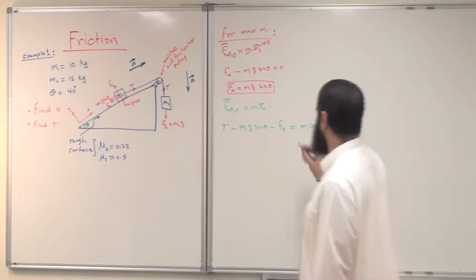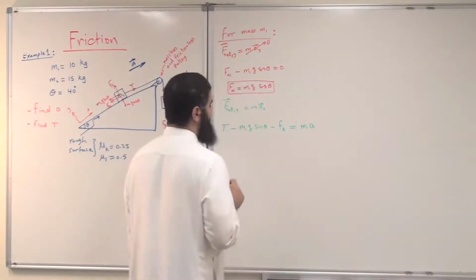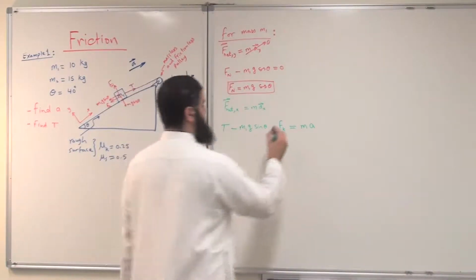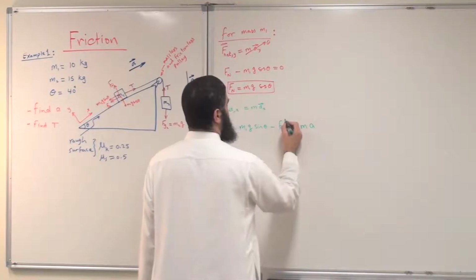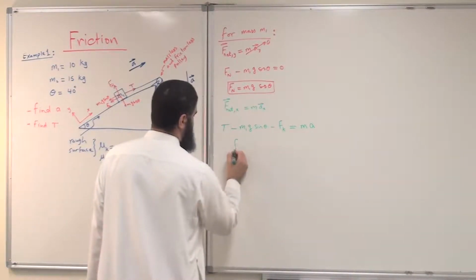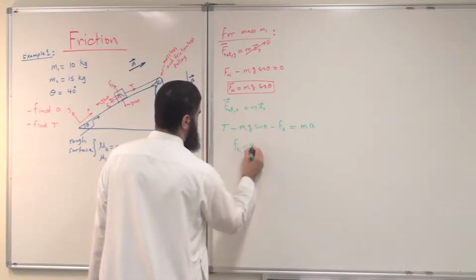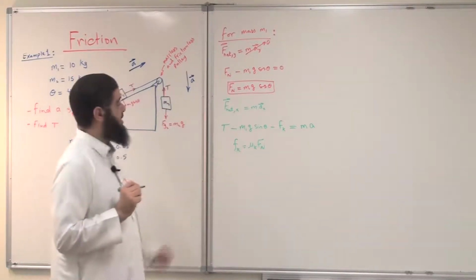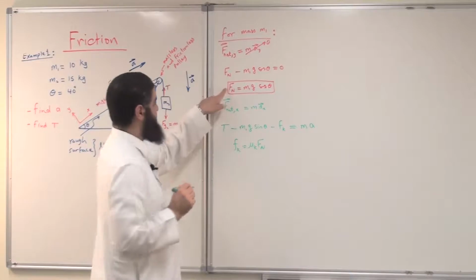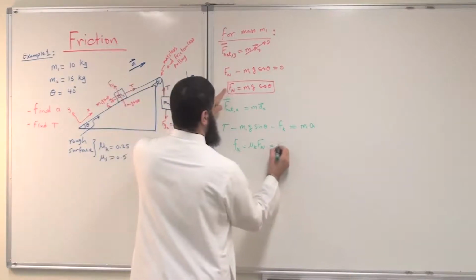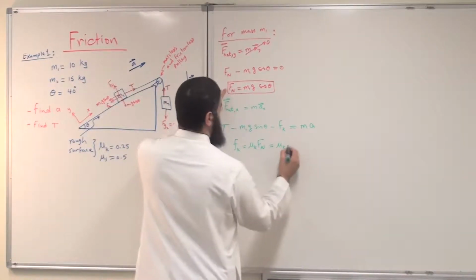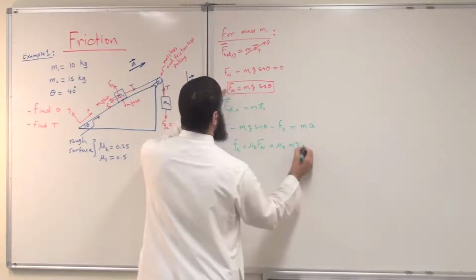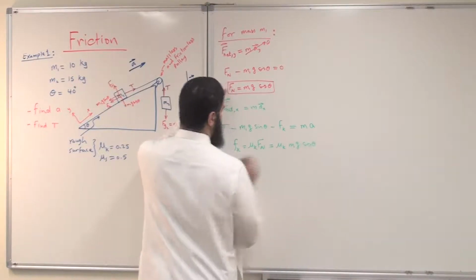But we know that Fk, we have studied this in the previous video, that Fk equals mu k multiplied by Fn. And Fn is there, we know it. So this will be mu k m1 g cosine theta.